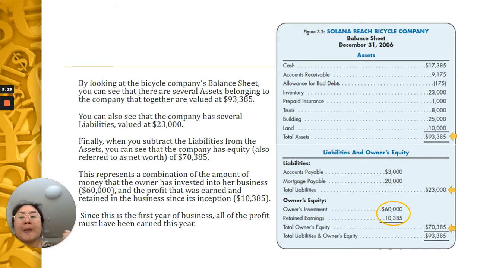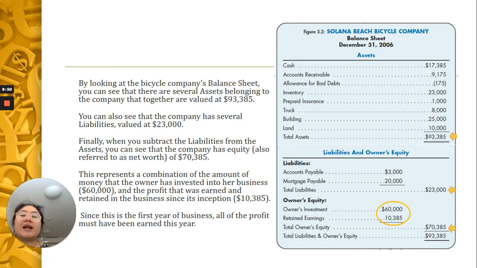Looking at the bicycle company balance sheet, you can see there are several assets belonging to the company that together have a value of 93,385. The total assets equal 93,385.